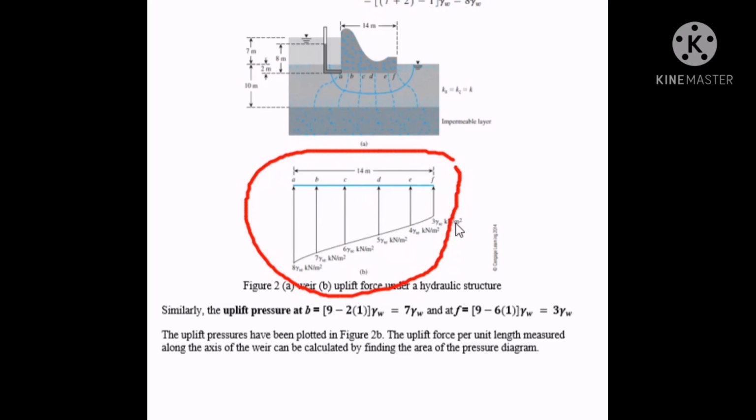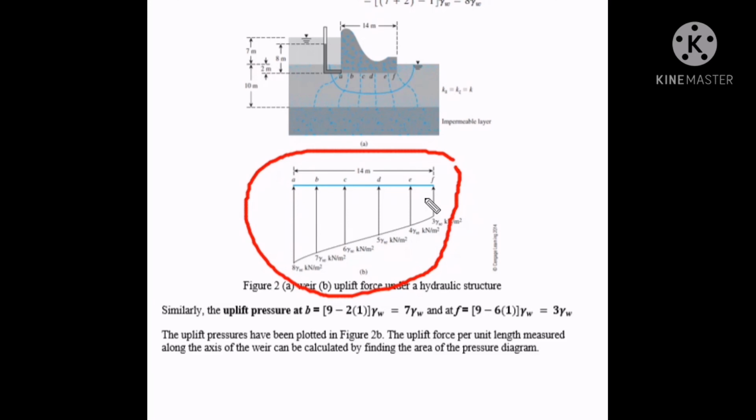So how are we going to determine that? That's just equal to this side plus this side over 2, multiplied by the length, multiplied by the unit weight of water. Actually, you don't have to multiply it by unit weight of water, just by 1 meter length.